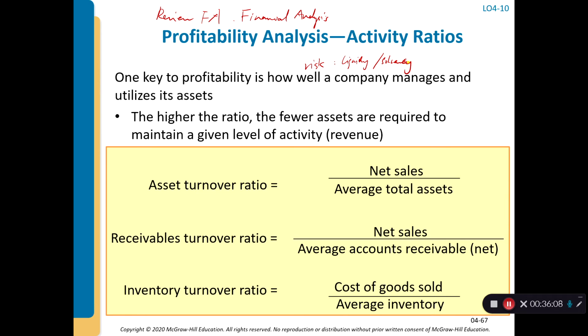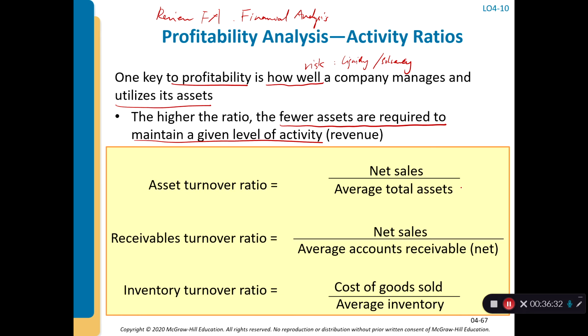In this chapter, we're going to talk about the profitability ratios. Usually profitability means how well a company has managed and utilized its assets. The higher these ratios, the fewer assets are required to maintain a level of activity, such as the asset turnover ratio.